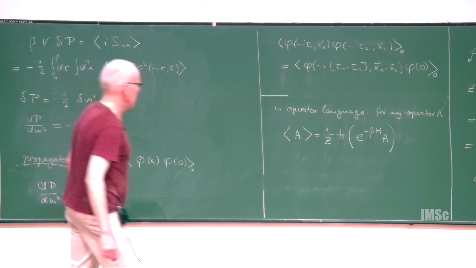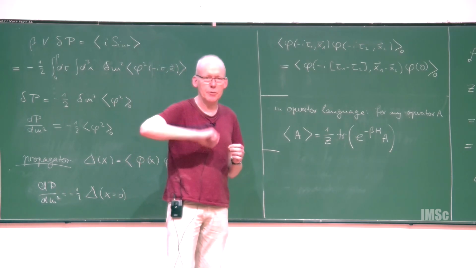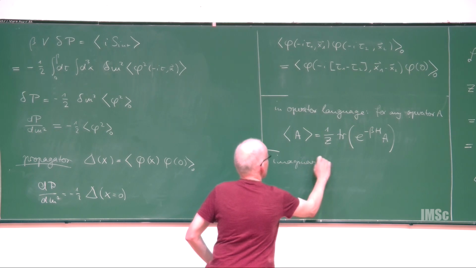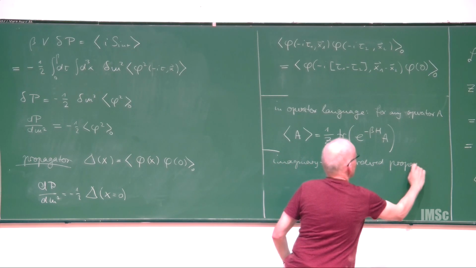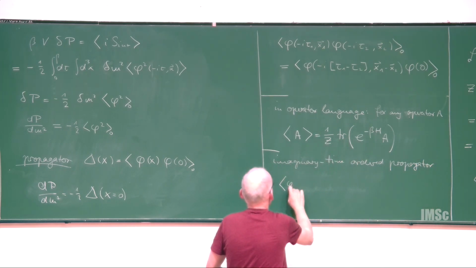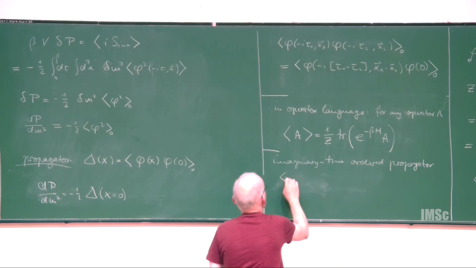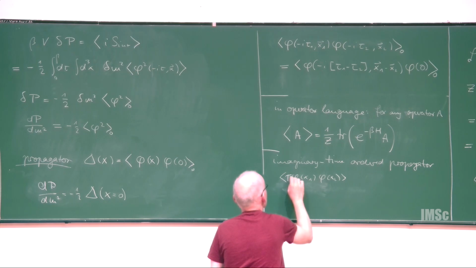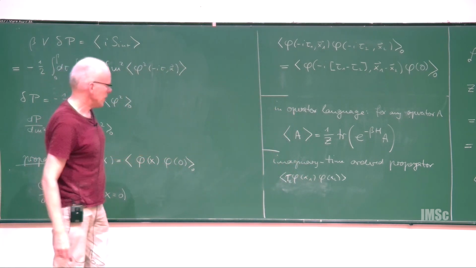What corresponds to these expressions is actually the imaginary time-ordered propagator, phi of x1, phi of x2, with the time ordering in imaginary time, which people also call Euclidean time ordering.